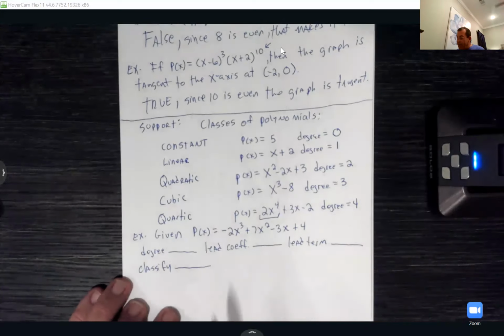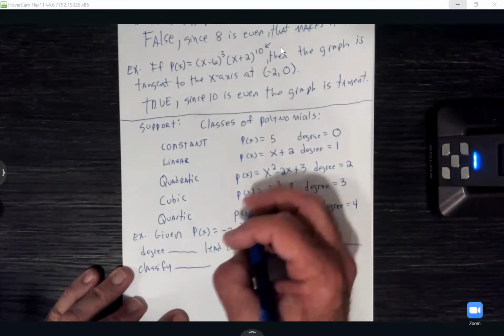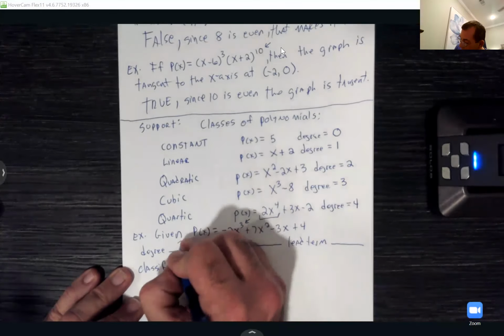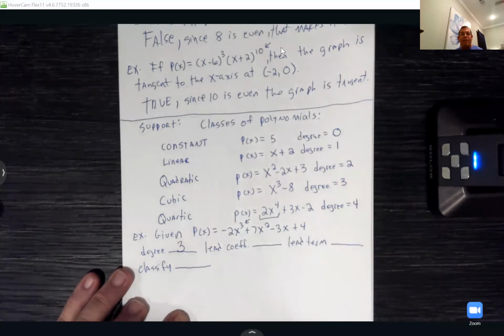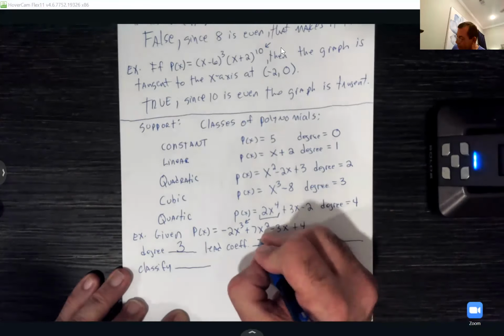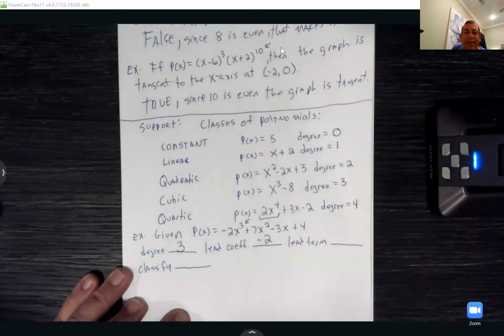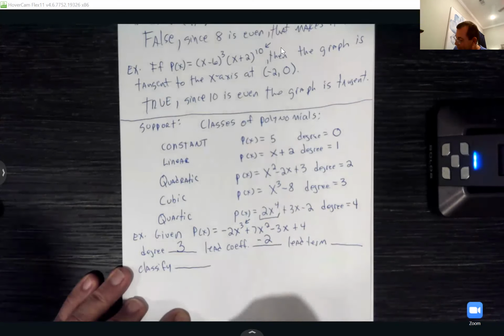All right, y'all. So given this polynomial, what is its degree? 3, because that's my highest exponent right there. My lead coefficient: -2. So -2, put that negative in there, okay? All right, my leading term. Would it be 7?